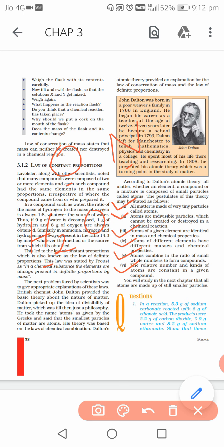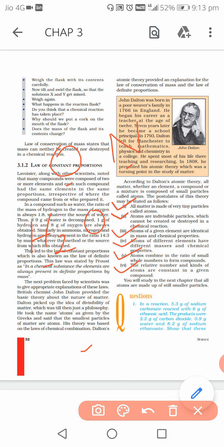Whenever we write the formula for water, we always write H2O. We never write H3O or H4O or H2O2. No, water is always H2O. That means the chemical composition is the same. For water, 2 hydrogen atoms and always 1 oxygen atom will be there. That's what is said in the postulate, that the relative number and the kind of atoms are constant in a given compound.